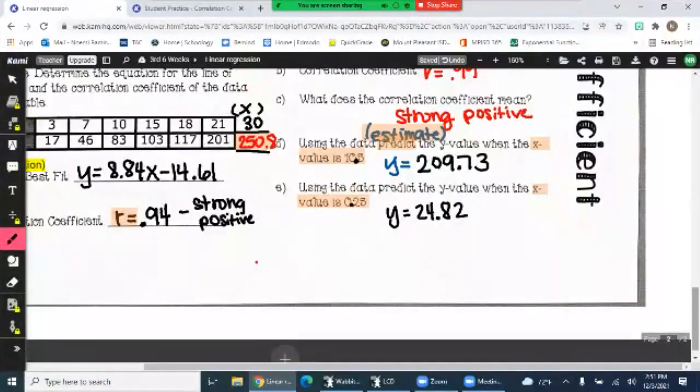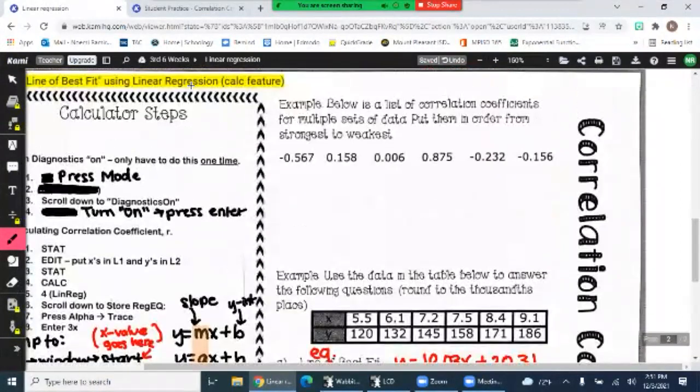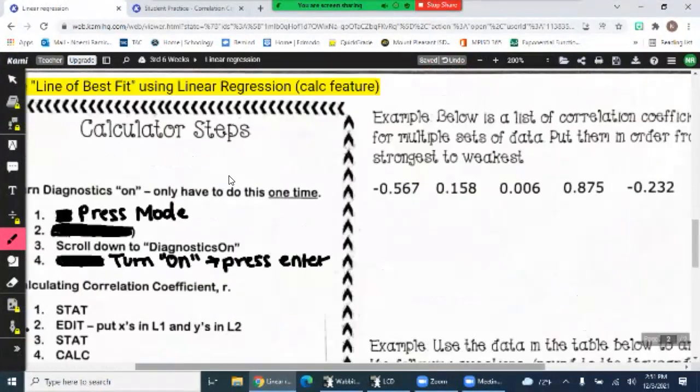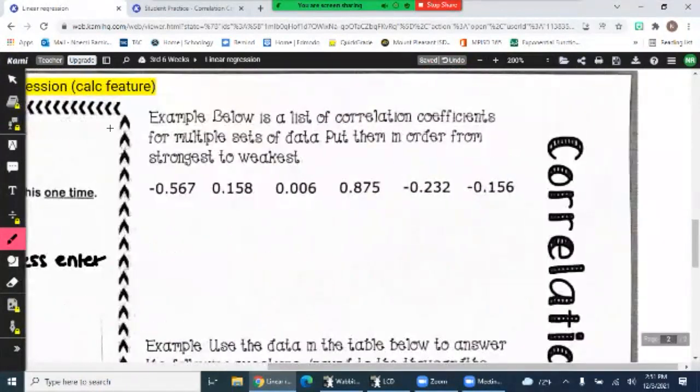So we're done with the calculator part for that. Go up. You have a list of values, even though the directions say put it in order from strongest to weakest. I want to list them in order from least to greatest first. And then we're going to categorize them. Okay. So I'm going to just cross that out. So what is the least value here?